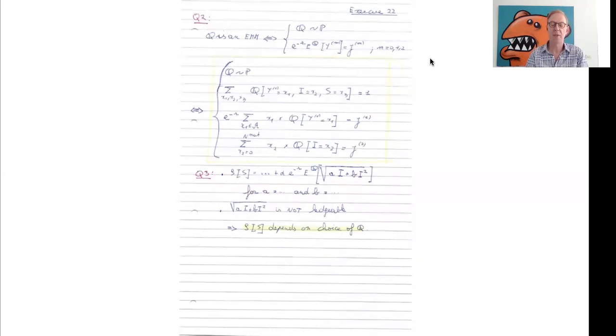Now, it is obvious that this square root of a times I plus b times I squared is not hedgeable. You cannot find a linear combination of the traded assets that gives an outcome that has time 1 value equal to the square root of a times I plus b times I squared. So rho S definitely depends on the choice of Q.